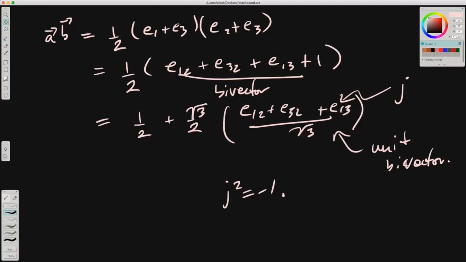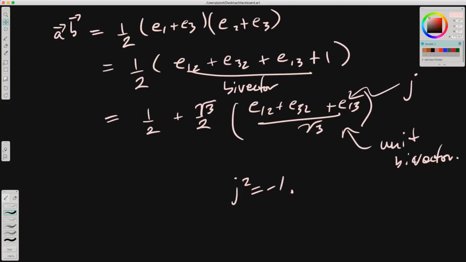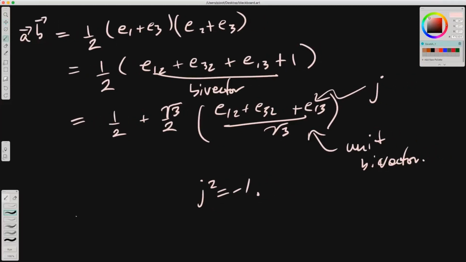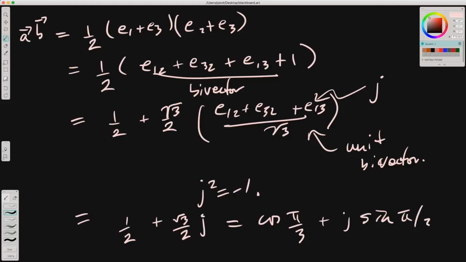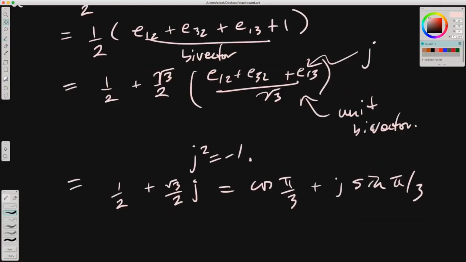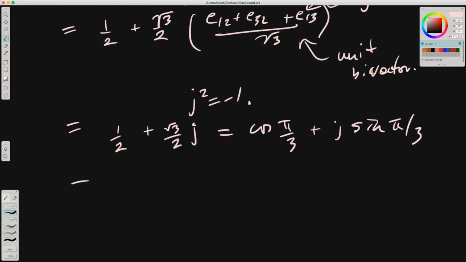So what we have here is 1/2 plus root 3 over 2 J, and that is cos of pi by 3 plus J sine pi by 3, or e to the J pi by 3.